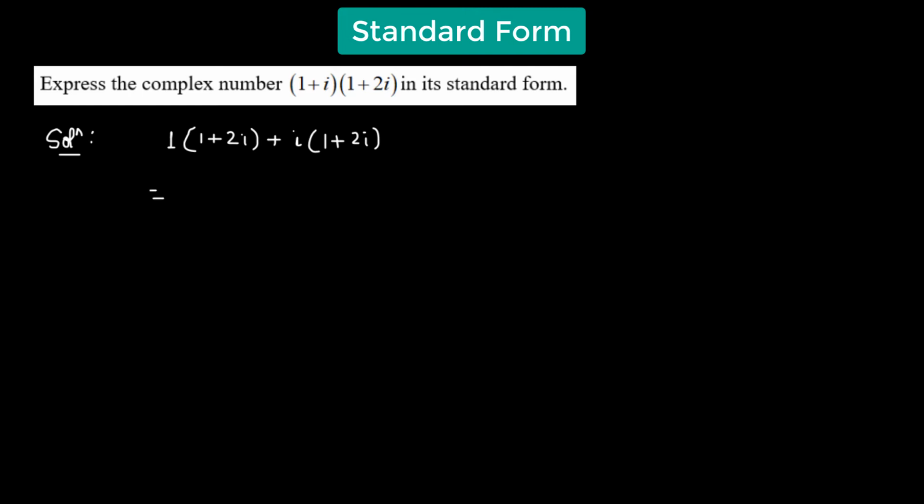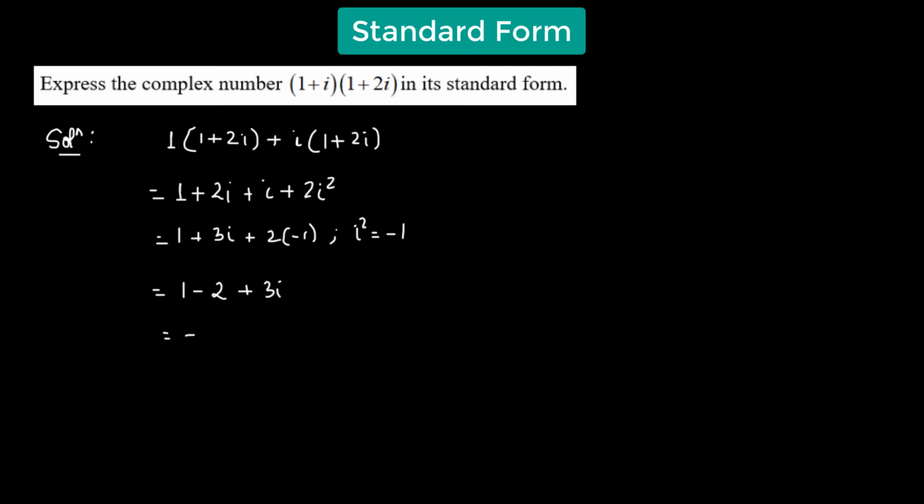So that gives us 1 + 2i + i + 2i squared. So we have 1 plus 3i plus 2 times −1, since i squared is −1. So that gives us 1 − 2 + 3i, which is simply equal to −1 + 3i. And then we have the given complex number in its standard form.